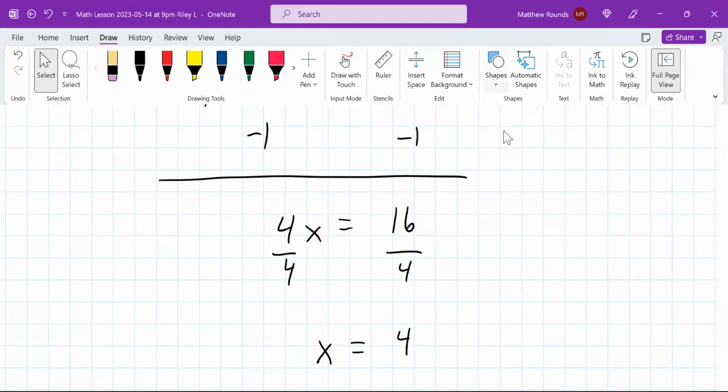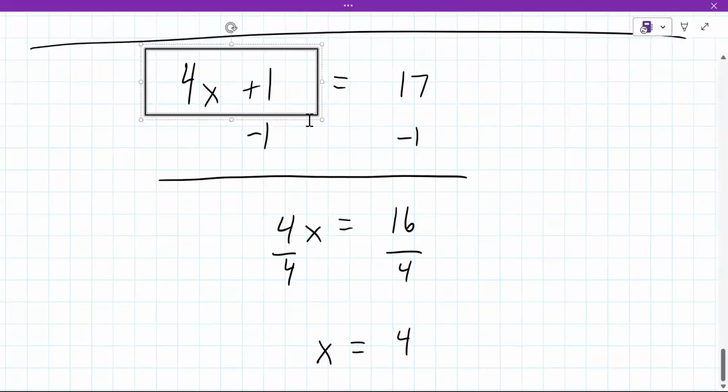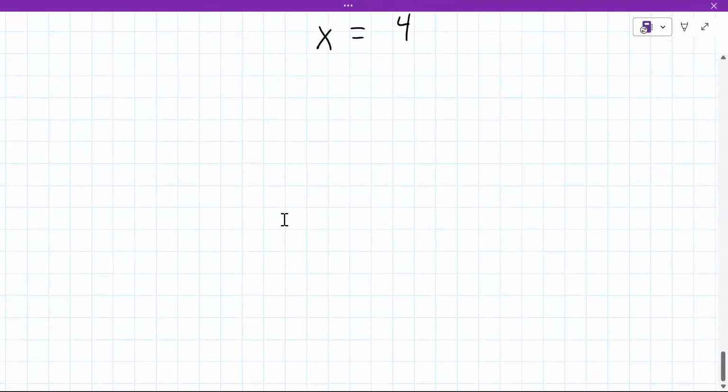You always focus on the side with the variable. For example, let's say it's 3x plus 1 equals 19. Your focus is on the side with the variable.